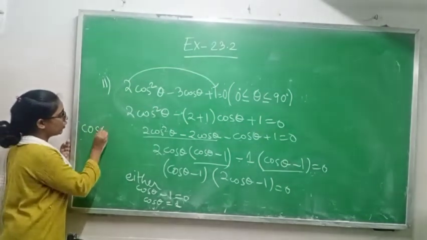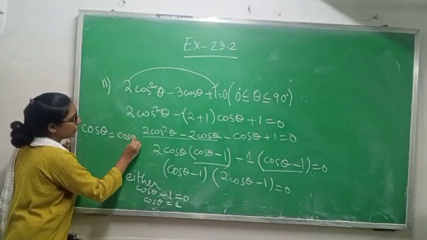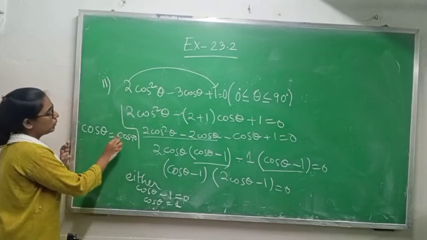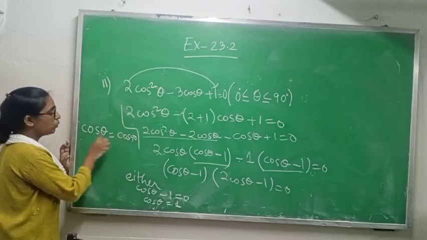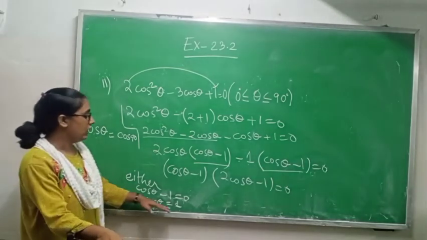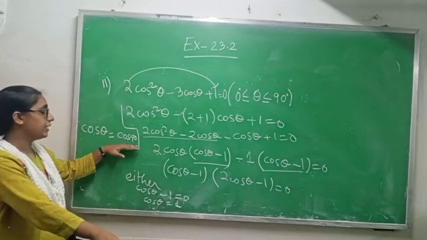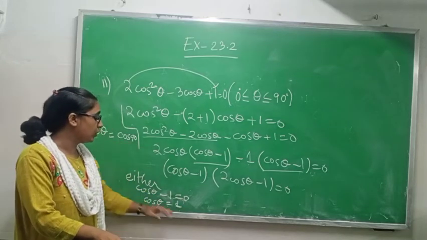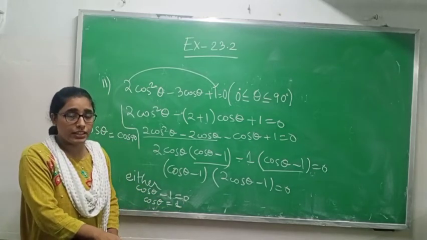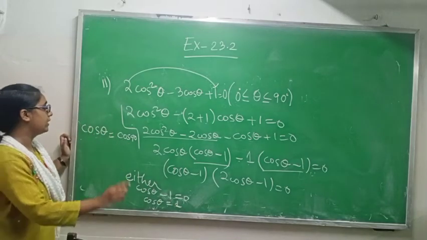So I am writing cos theta as it is, and in place of 1 I am writing cos 90 degree, because we have to remove this cos from both sides to get the value of theta. Why am I writing cos 90 degree? Because the value of cos 90 degree is 1, that is why in place of 1 I am writing cos 90 degree.